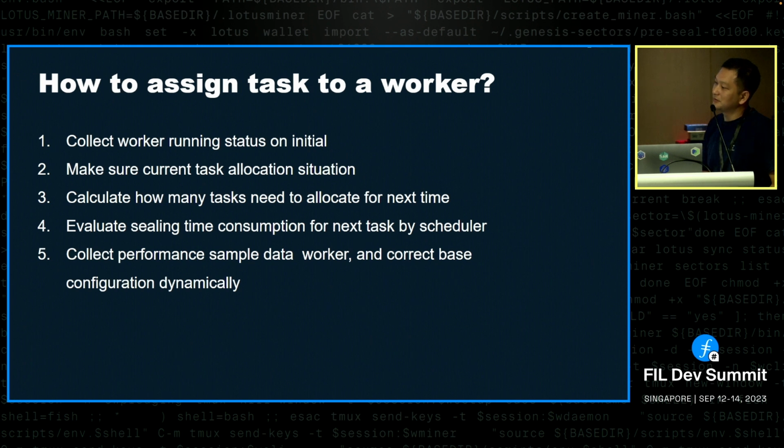So I think there's probably a possibility for us to use the FRC standard, Filecoin Request for Comments, and we could create standards among us so we can define those APIs.